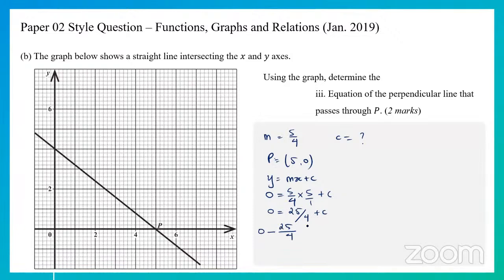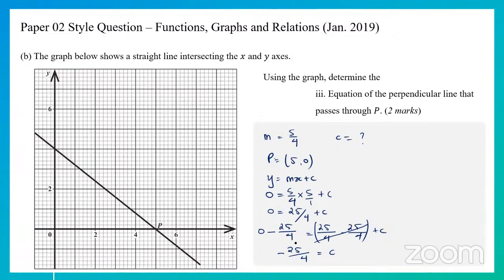We're adding, so we're going to subtract. So what this is telling me is that negative 25 over 4 is equal to c. My c value is negative 25 over 4.